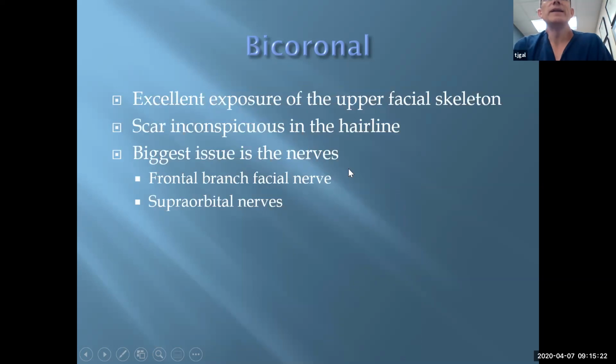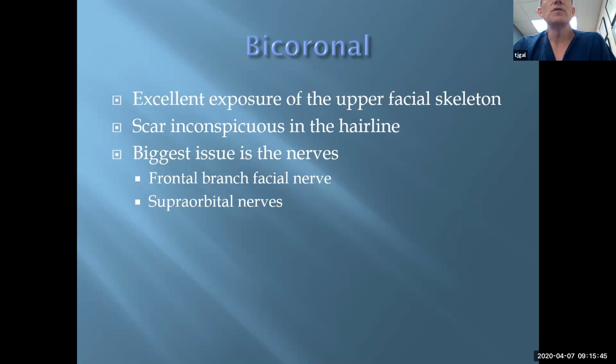And so, again, bicoronal is a very well tolerated, surprisingly inconspicuous incision, except in the completely bald. It hides in the hairline. You can put it as far back or as far forward as you need to relative to the hairline.